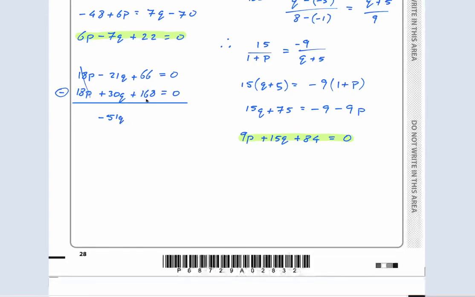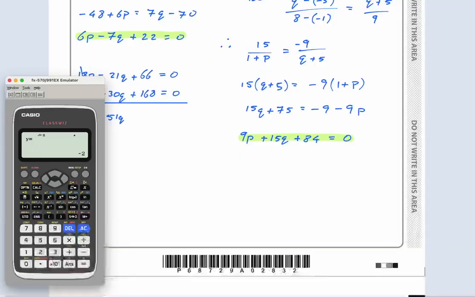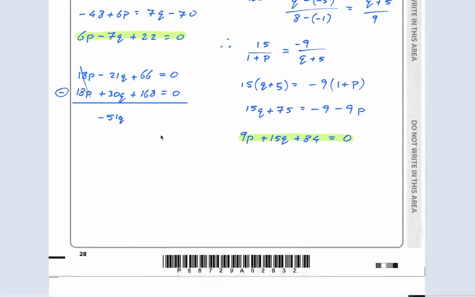And this minus this, I can use my calculator, guys, 66 minus 168 is minus 102. That's a nice number, guys, because 51 goes into 102. That's equal to 0. Minus 51q equals 102. Add this to the other side. Then divide by minus 51. 102 divided by minus 51 is -2.